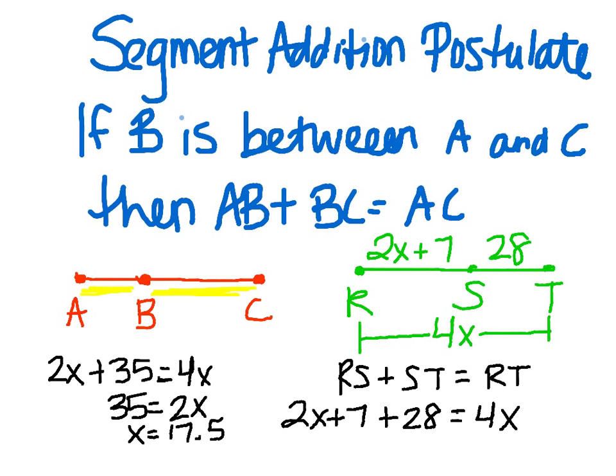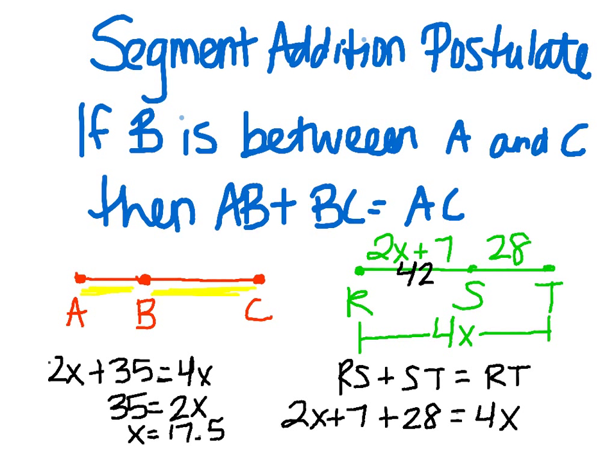So x is 17.5. If I plug that back in over on the picture here, 2 times 17.5 is 35, plus 7 is 42. So this 42 and 28 together make 70.